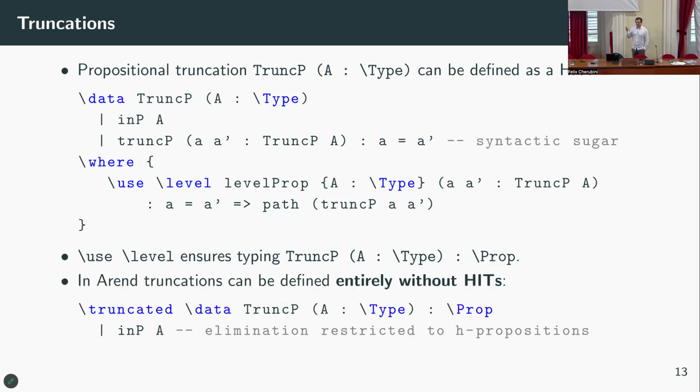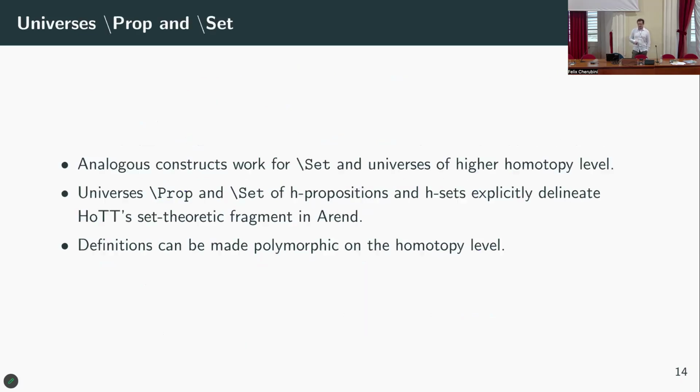And there is a quite nice feature. We can define truncations in Arend entirely without higher inductive types. We can just declare an inductive type to be truncated, and then its elimination is restricted to h-propositions, and that's the end of story. That's quite a useful feature.